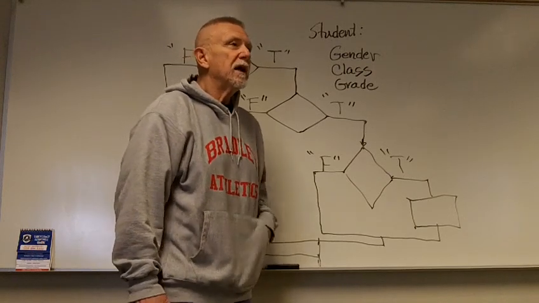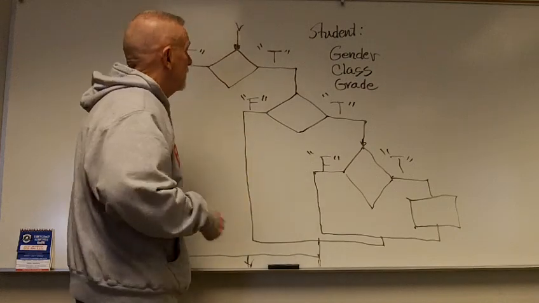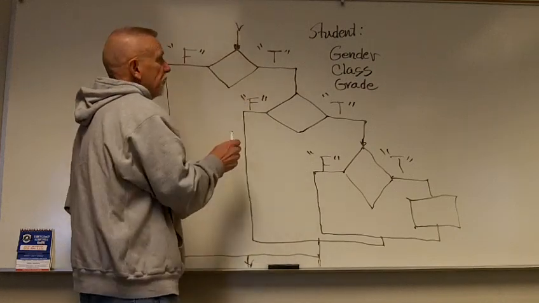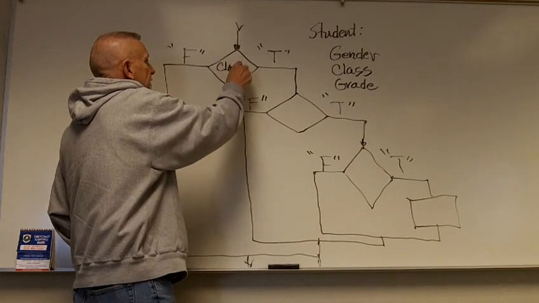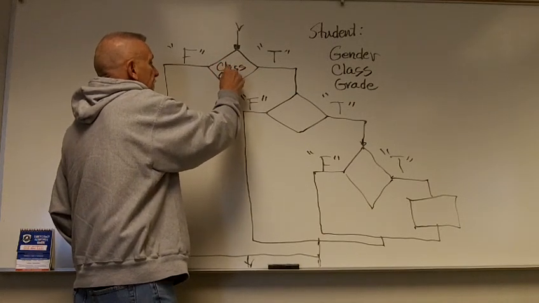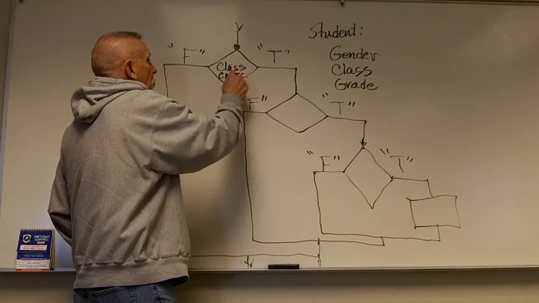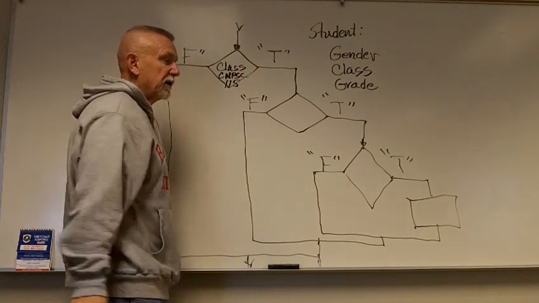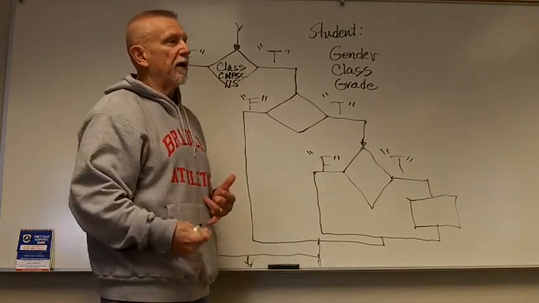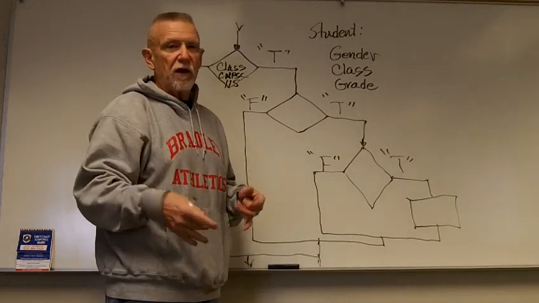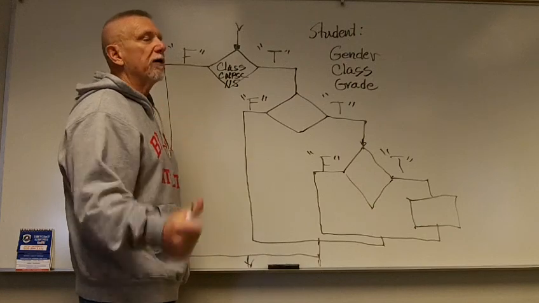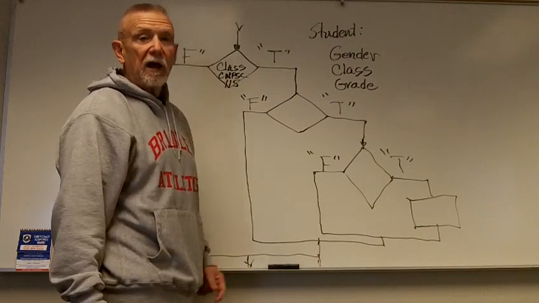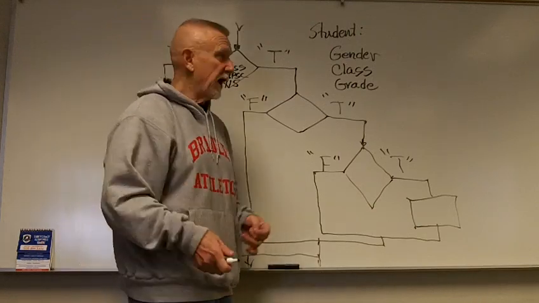Anyway, if you said that the first thing we should check for is the class, are they in Computer Science 115, you're correct. Because if you think about it, there were 12,000, 15,000, whatever students, but only 100 of them are taking this class, okay?